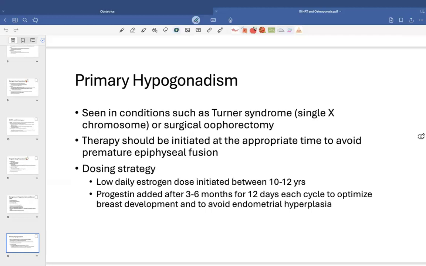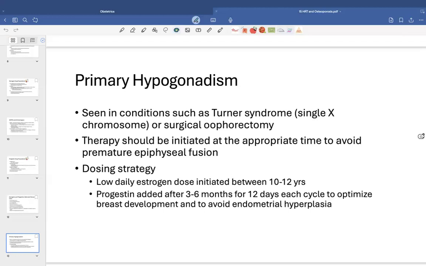So they still have the uterus present, but may not have ovarian function. The estrogen replacement is done with that sort of approach.